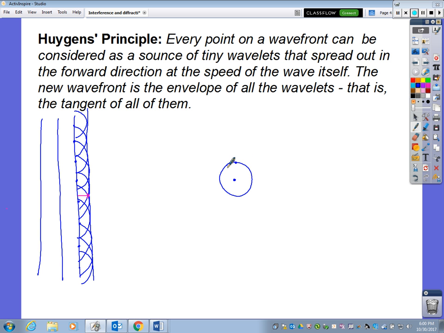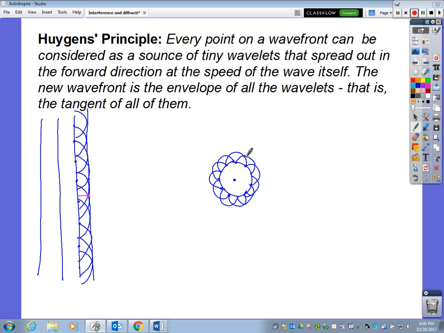So each one spreading out in a big circle, well, in an almost half circle in the forward direction. You get the idea. There we go, almost like a flower.